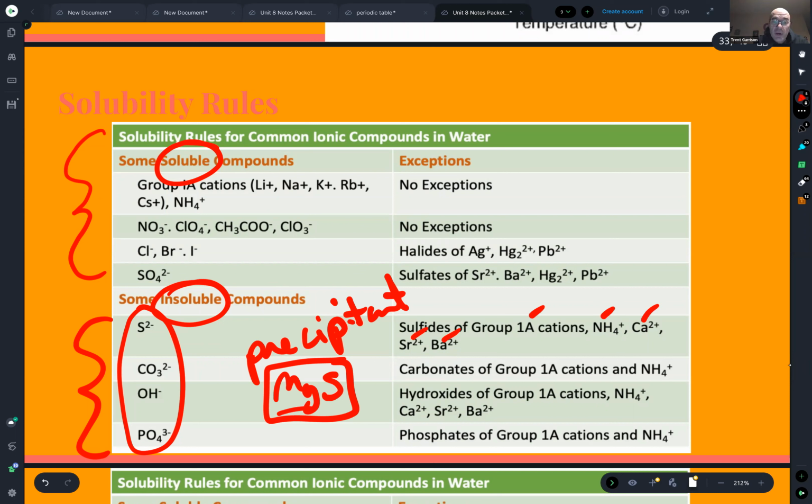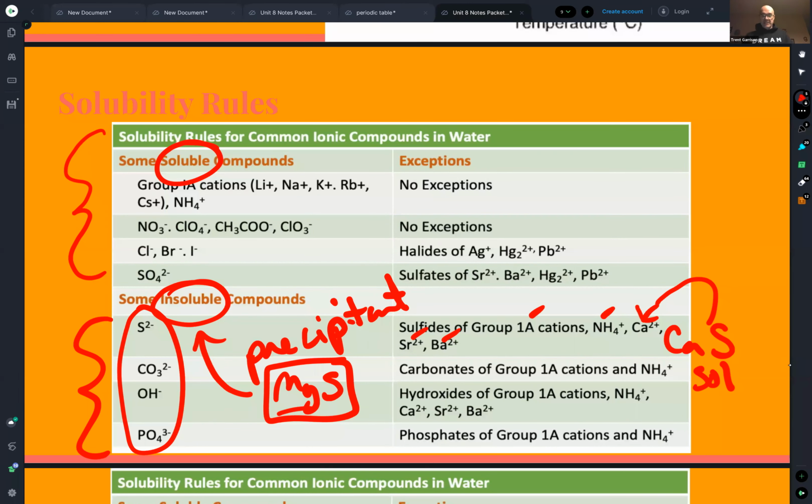So therefore, this is not an exception. It will form a precipitant, and it is insoluble. It will not dissolve in water. However, if I have calcium sulfide, it is an exception, and it is soluble. It will not have a precipitant.